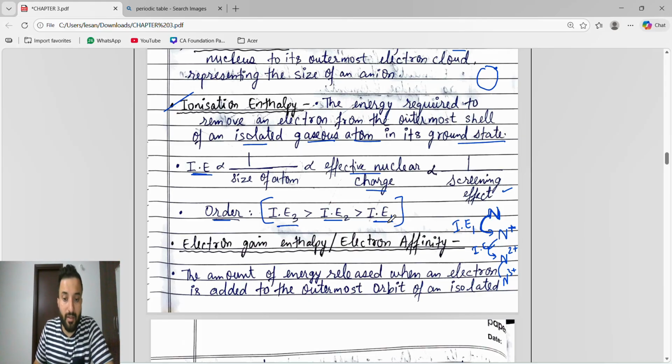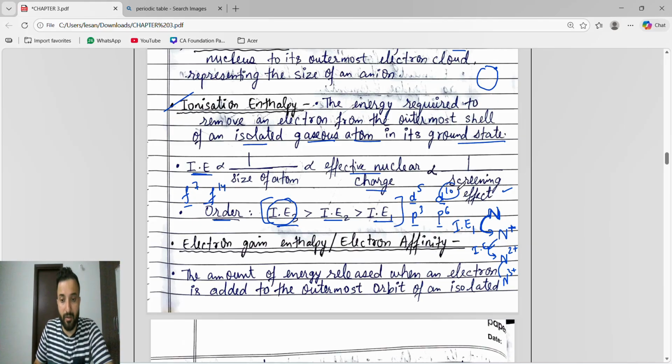Now guys, in the examination, understand one thing. If it is a half filled orbital, like d5, because d total is 10, or a completely filled orbital, and the same for p and for f, half filled or completely filled orbitals have higher ionization enthalpy.